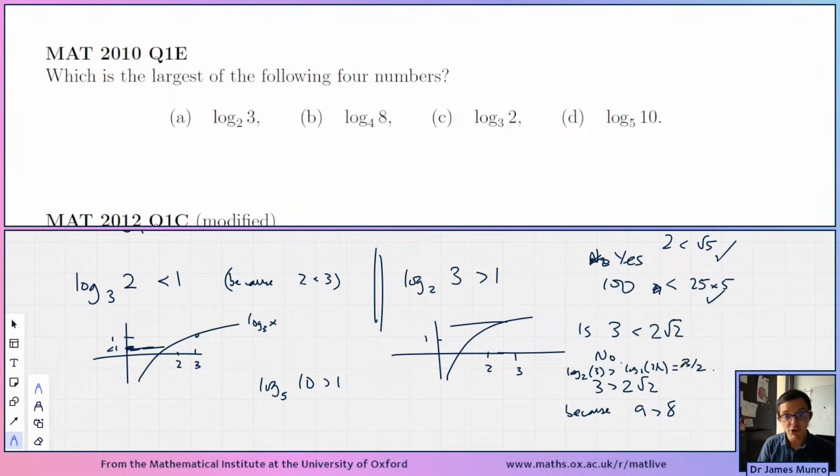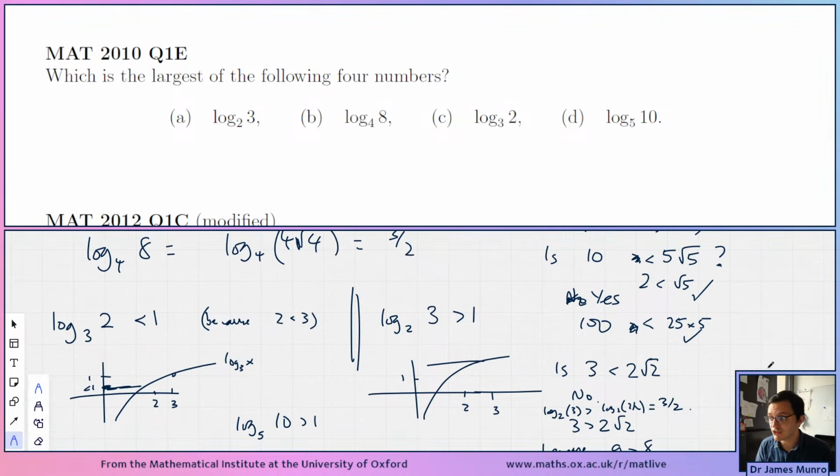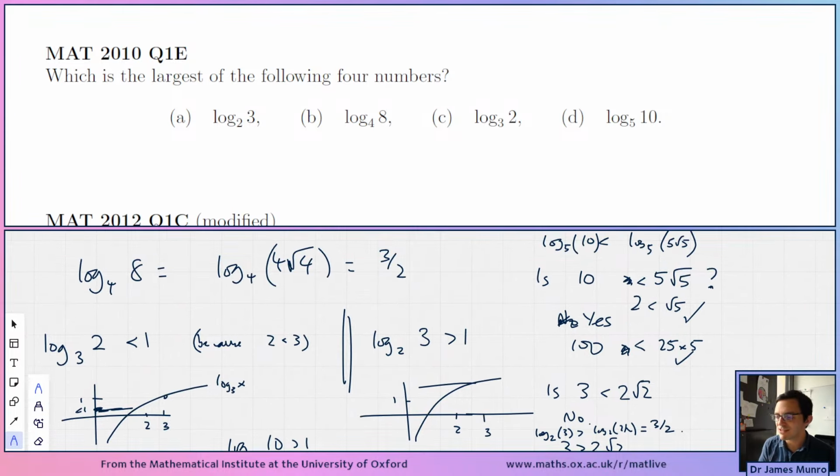Okay, brilliant. All of those comparisons with a log, all of the comparisons I've been doing like 2 root 2 and 5 root 5, have been motivated by the idea that those are how logarithms give you 3 over 2.